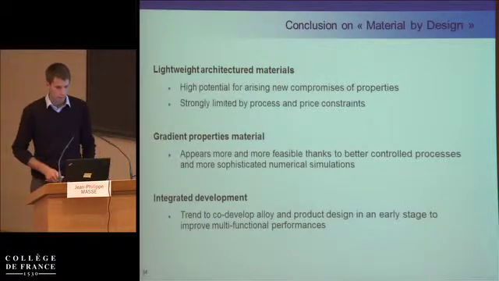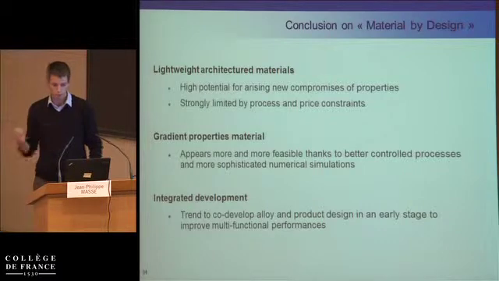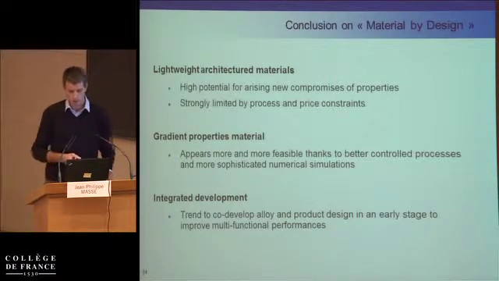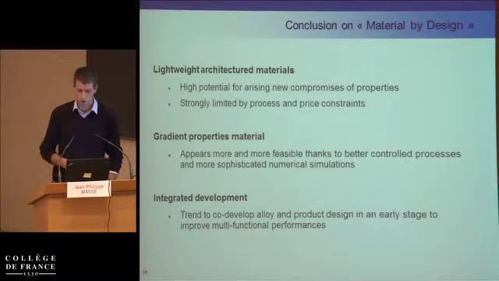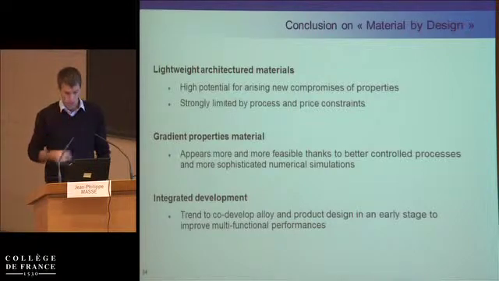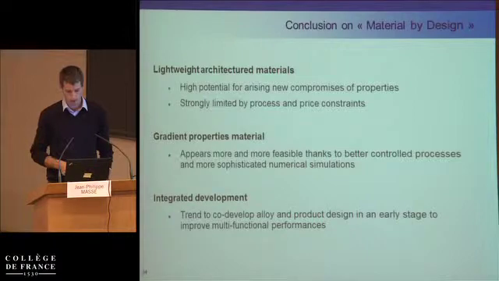So my conclusion on lightweight architectural materials is that we have a high potential to get no compromise between properties, but of course the limitation is the process, and also price constraint, because the few processes we have to produce such complex topology are really high in terms of price.